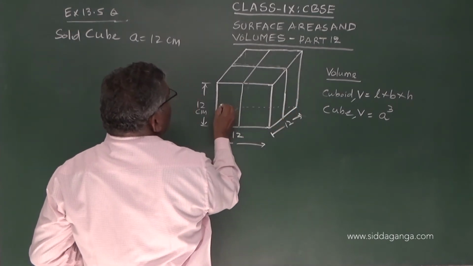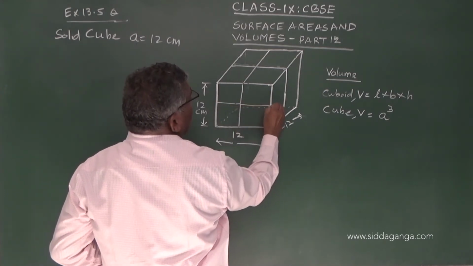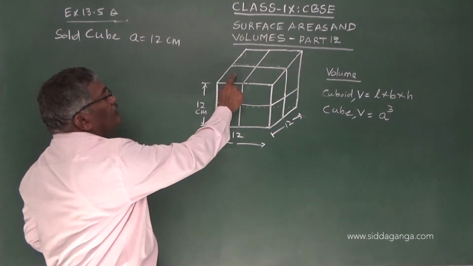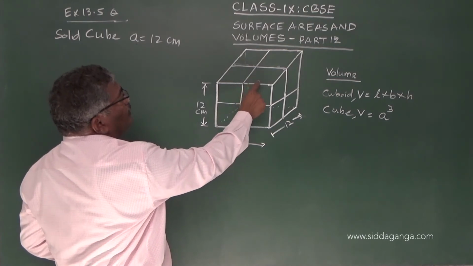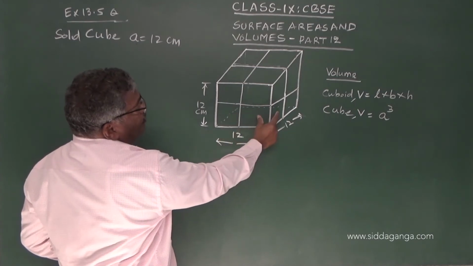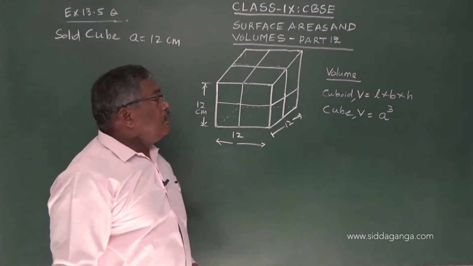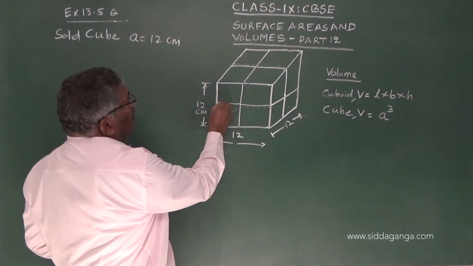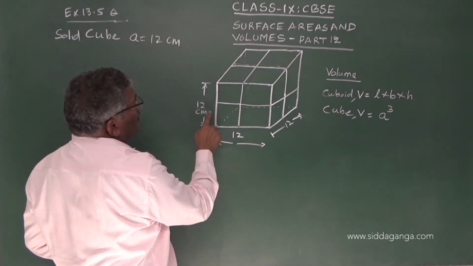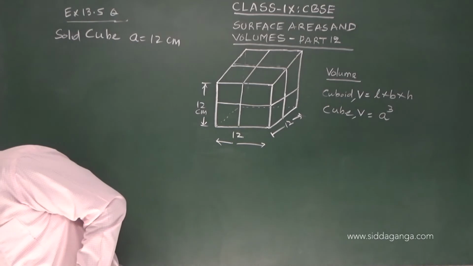And here also it is cut like this. Now you can imagine. See, 1, 2, 3, 4. So this is one edge only. 4 plus 4, 8. So now we can say each will be 6 centimeter, 6 centimeter, 6 centimeter. Looking at this figure only, we can tell the answer.